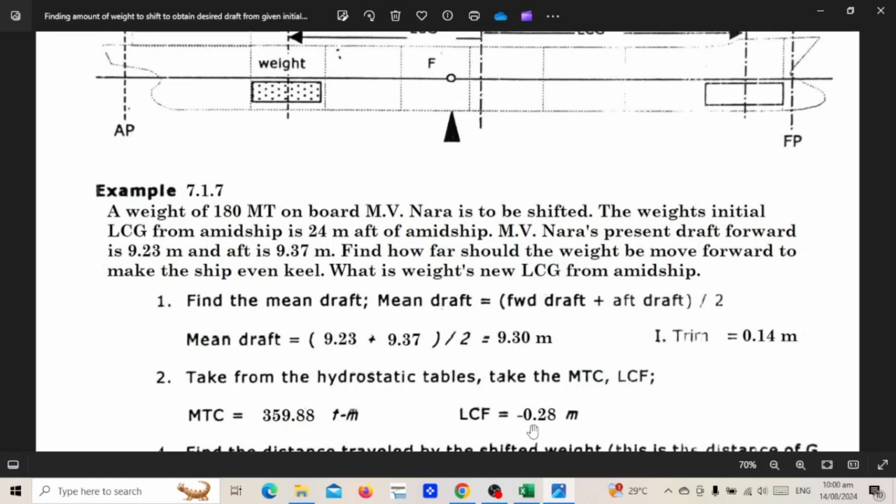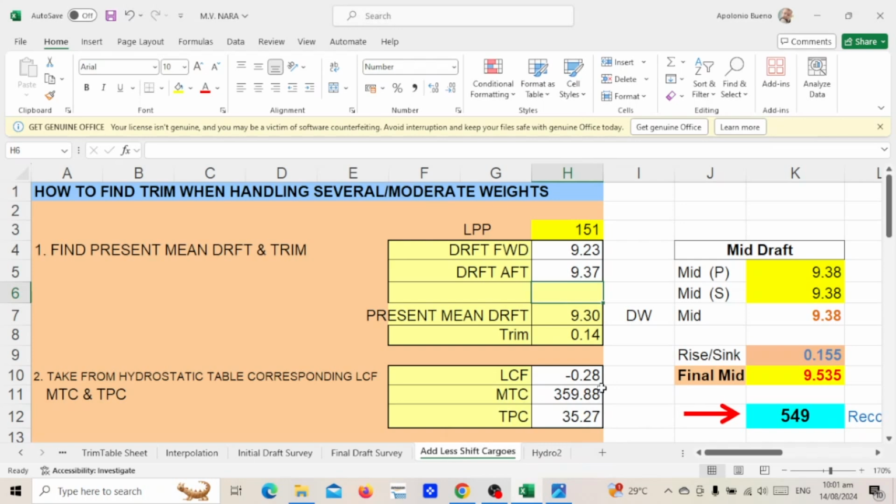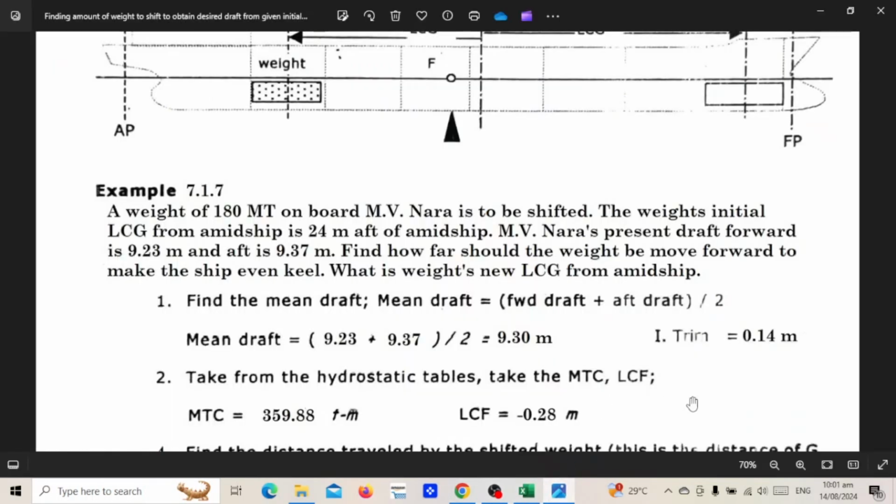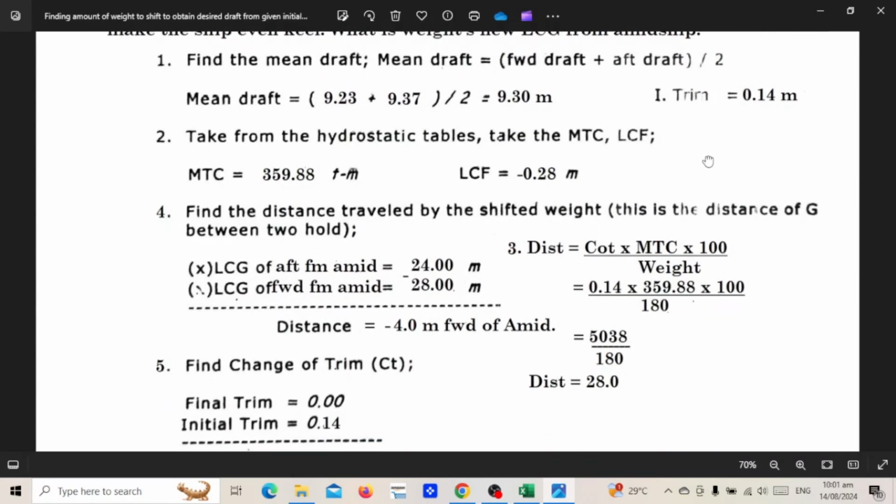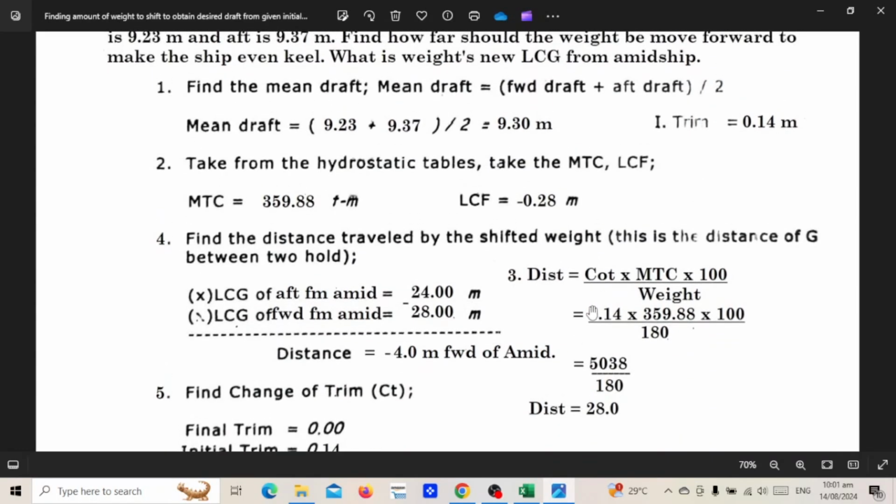LCF is negative 0.28. Okay, that's confirmed. Then proceed to the problem. We go now to number 3. Let's skip this one and we go to number 3.